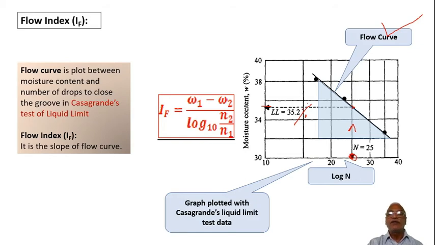You can just see here W1 minus W2. Say this is W1. Now corresponding to this particular point, let's say this is W2.